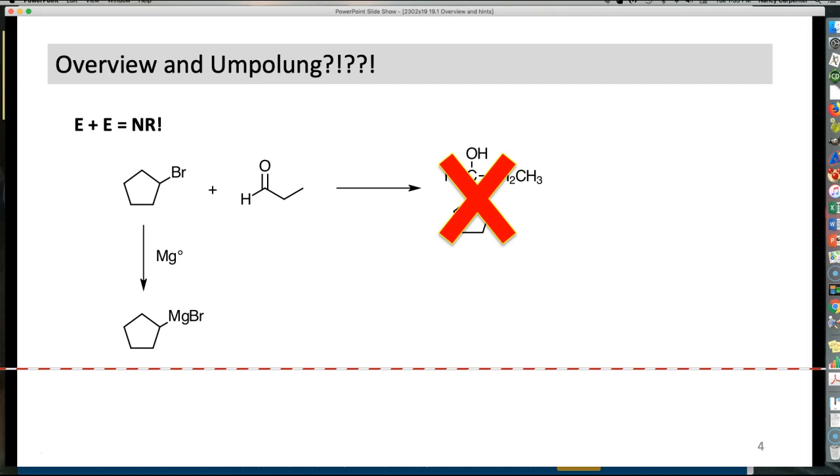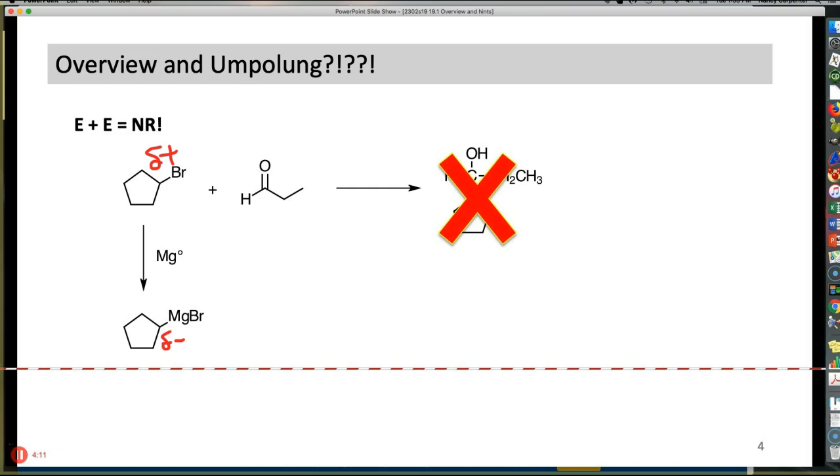However, Umpolung basically means I can reverse the reactivity of this alkyl halide. I can change it from an electrophile to a nucleophile.